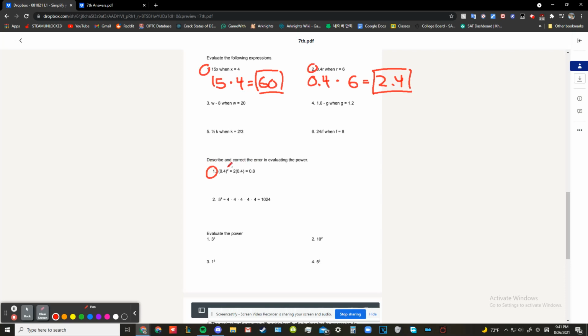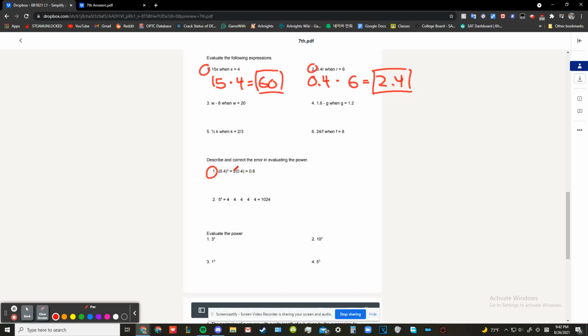Let's try 1. Describe and correct the error in evaluating the power. So, can you identify the error? You can see that although it says 0.4 squared, this person did 2 times 0.4 and got 0.8.